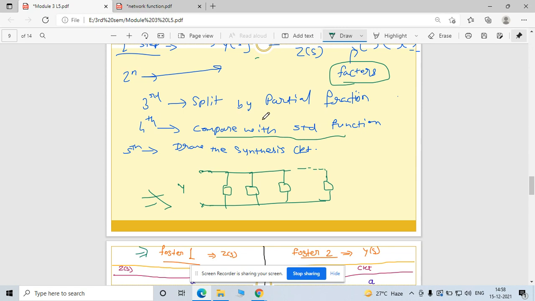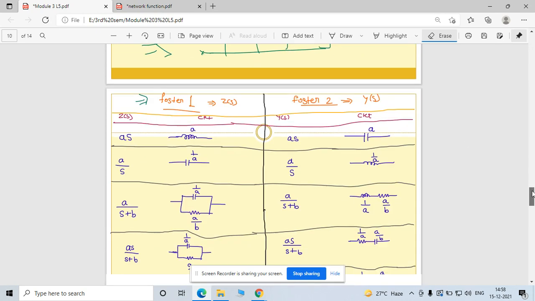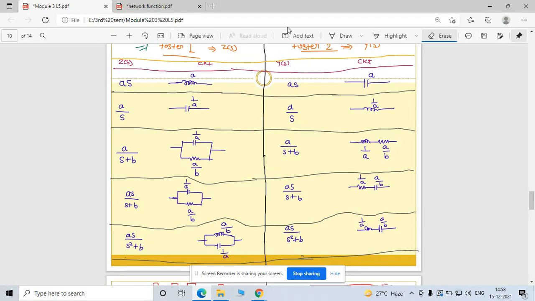After splitting the function, you compare it with this format, by which you can easily comment on what circuit, what function contains what element, right? These are some standard functions, Z of s for the impedance format, and this one for the admittance function. So if you get this function at your last step, you can say that there is a capacitor with this and an inductor with this value.